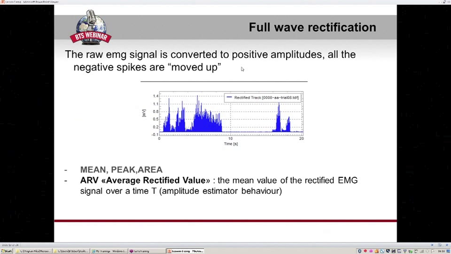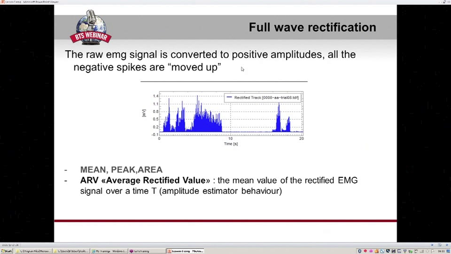The first basic algorithm that I want to talk about is the full wave rectification. By means of that, all the negative amplitude spikes of the raw EMG signal are converted to positive values. This is performed for an easier reading of the signal, but mainly because in this way the standard amplitude parameters, like for example mean, peak or maximum value, or the area, can be applied to the curve.